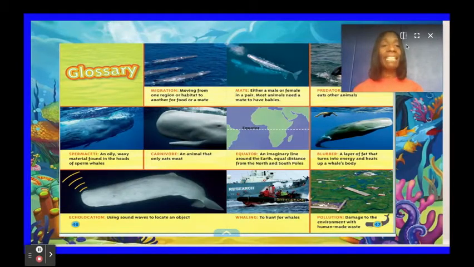So today, scholars, this is just the example that we're using that is in the text, and we will look at it further. But if you notice, there are words and they're also in alphabetical order. This glossary happens to give us a picture. In addition to that, it tells us the meaning.